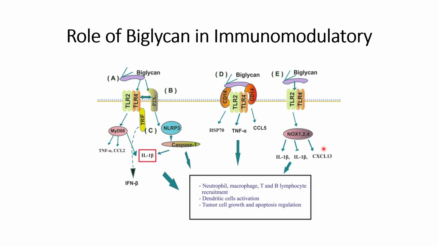These are some of the common roles of Biglycan in immunomodulation, and it plays an important role especially in the tumor microenvironment, where macrophages are usually diverted towards M2 type macrophages.